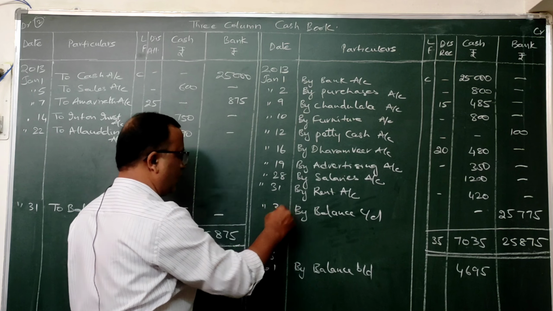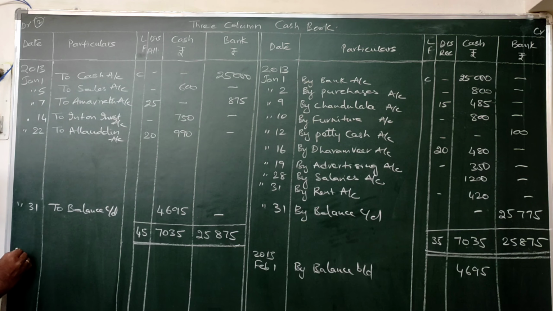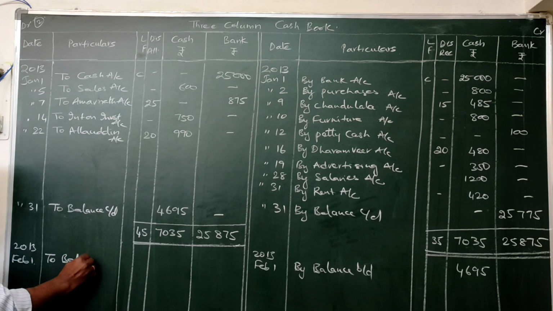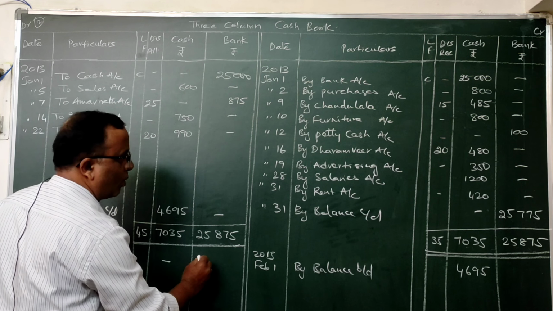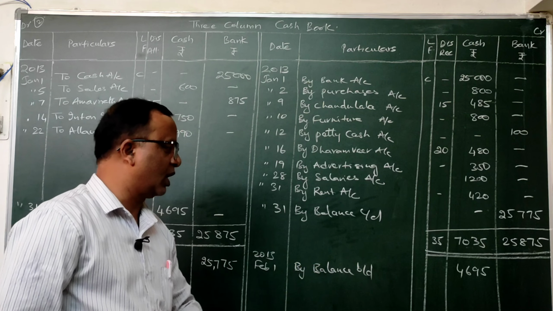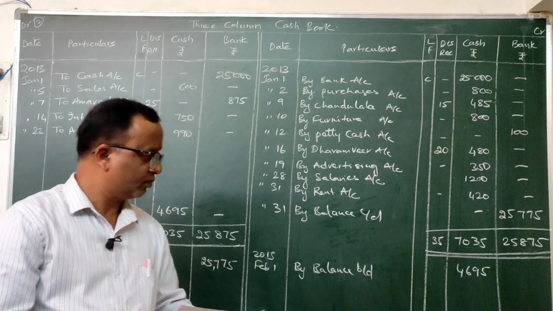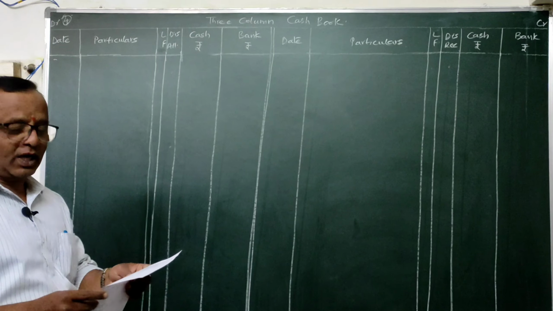This is on the last day only, which on February 1st, 2013, will become to balance brought down. That means bank is showing a debit balance, means it is the overdraft for this one. It is 4,695.